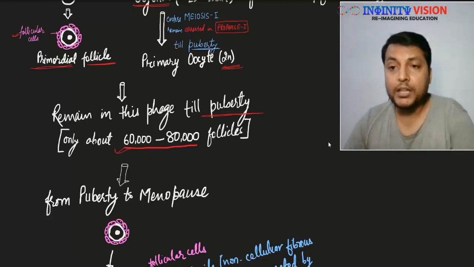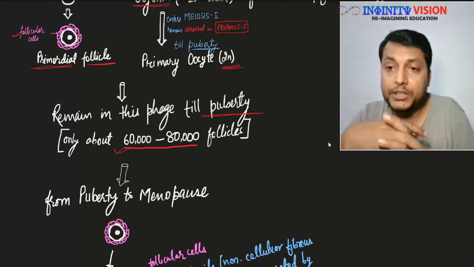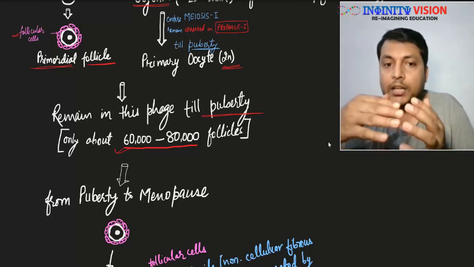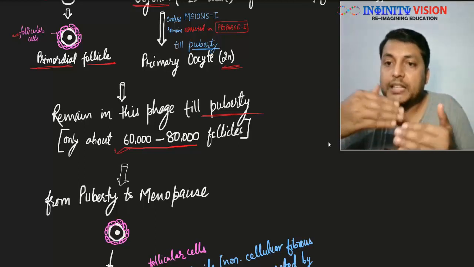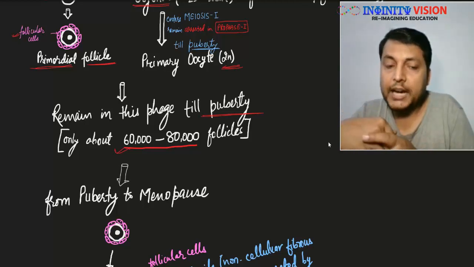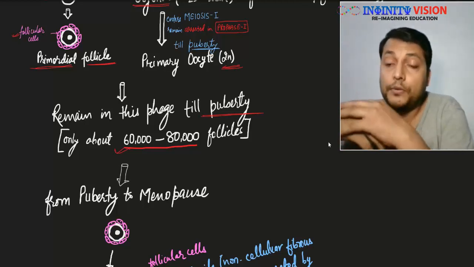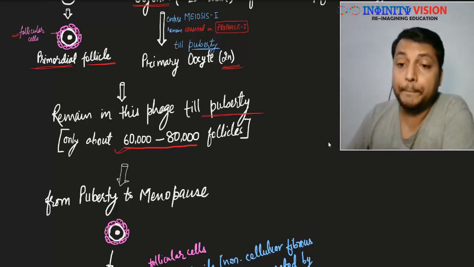Now what happens once the female reaches her puberty? She will start the menstrual cycle. The first menstrual cycle of a female is called menarche.